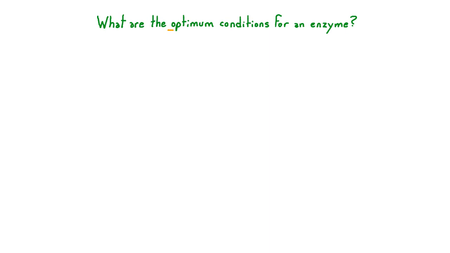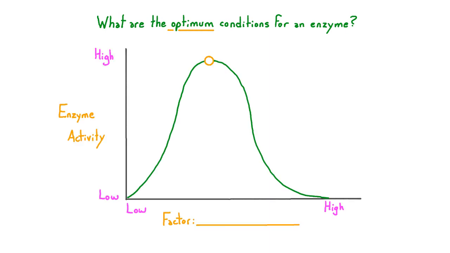So then, just what are the optimum conditions for an enzyme? Optimum conditions for an enzyme can be identified by measuring the enzyme's activity level in catalyzing its particular reaction while varying some factor. The highest level of enzyme activity over a range of values for the factor or factors is the optimum condition for that enzyme.